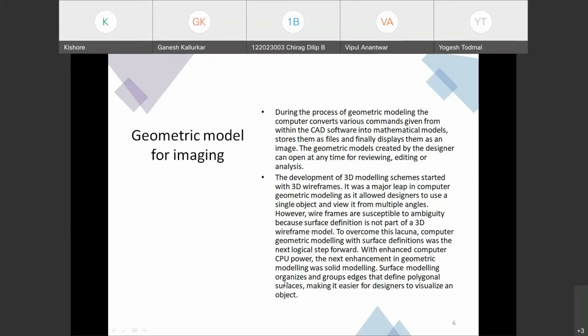Surface modeling organizes the group's edges that define polygonal surfaces, making it easier for the designer to visualize an object. So in solid modeling, you have various edges, then you have vertices, and all these are stored along with their spatial coordinates in the memory.